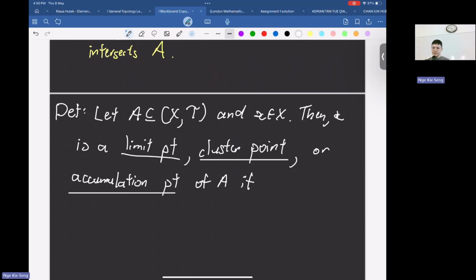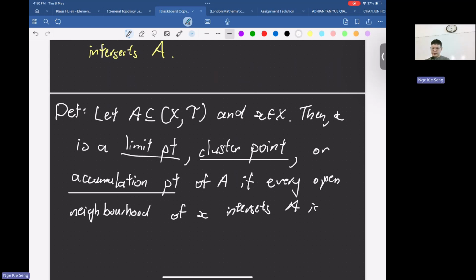So it's a limit point if every open neighborhood of X intersects A in some point other than X itself.